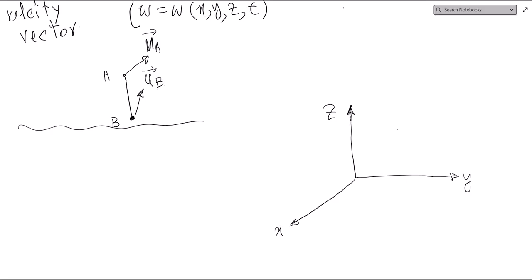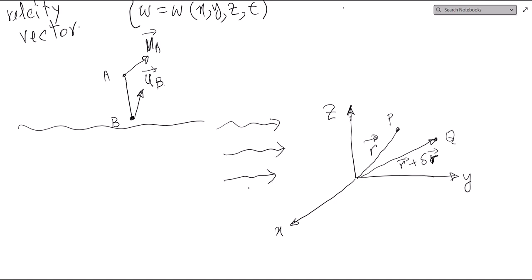And let's take a general point P located at R. So R is the position vector for P, and another point Q, with position vector close to point P, position vector R plus delta R. So these are just two position vectors in a flow, and with reference to our coordinate system we identify 2 points.